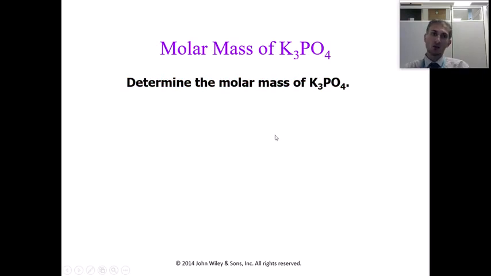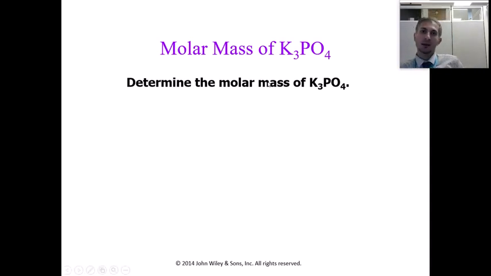I may ask you to work on this: determine the molar mass of K3PO4 for your exam, homework assignment, and also quizzes. You have questions like this one. Determine the molar mass of the name of the compound, not the formula. So from chapter 5, you need to remember that. What is the formula of the compounds?